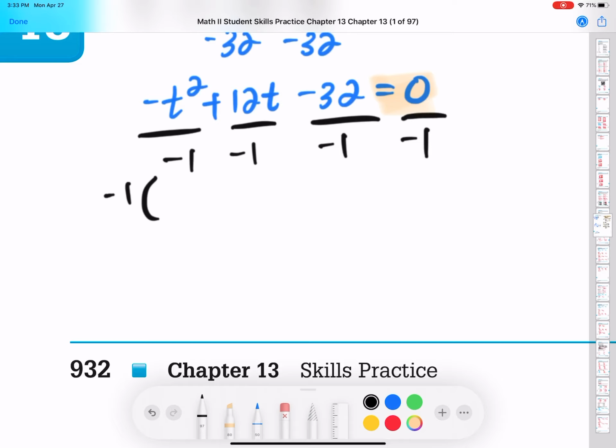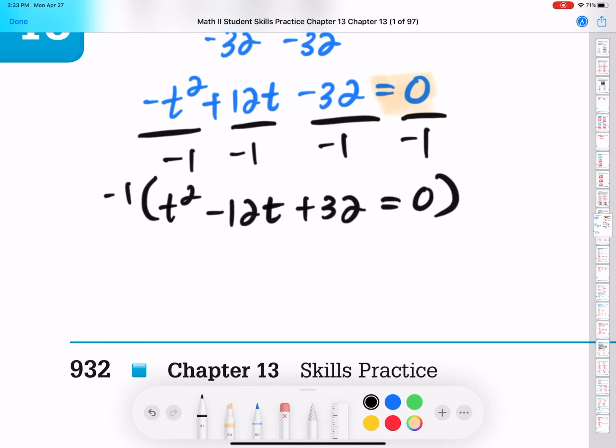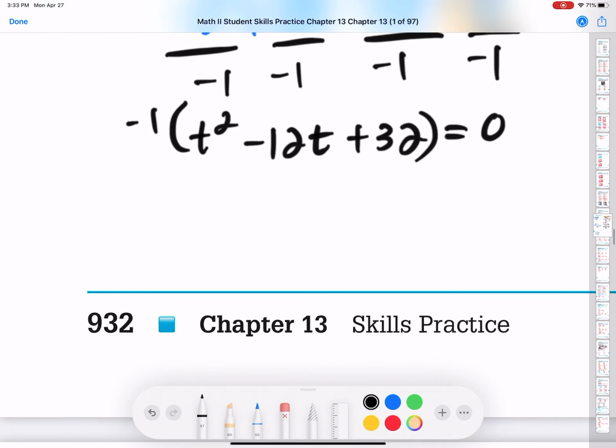So the negative t squared turns to a positive t squared. Plus 12t turns into minus 12t. Minus 32 turns into plus 32. And then 0 is not affected. You can leave that as it is. Actually, I'm going to put my parentheses out here. So now I'm going to go ahead and factor the inside.